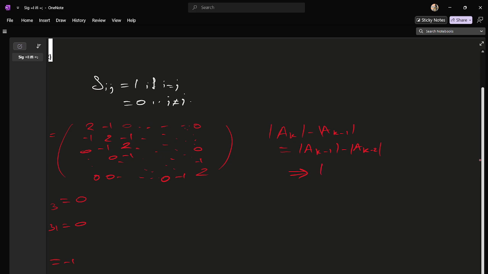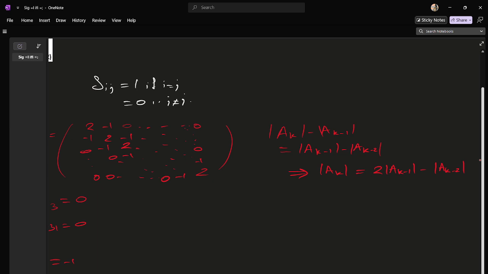This gives us det A_k equals 2 det A_{k-1} minus det A_{k-2}. So now what will we get? We have to prove this, no? Then we can use it.